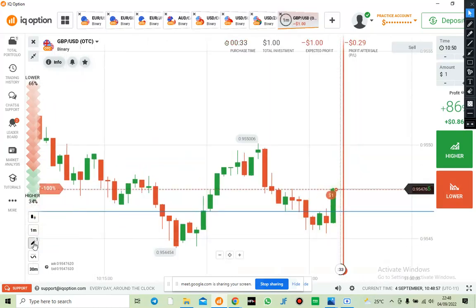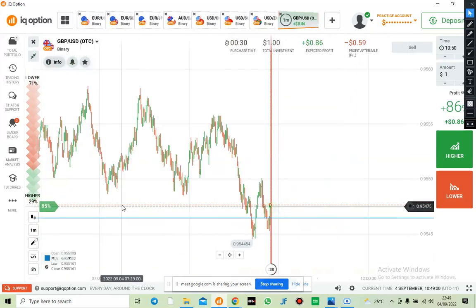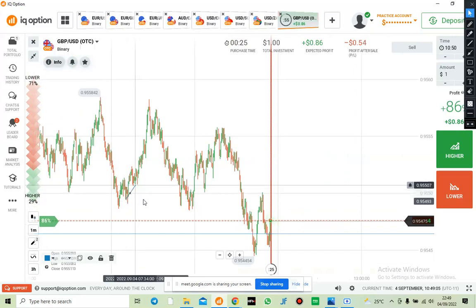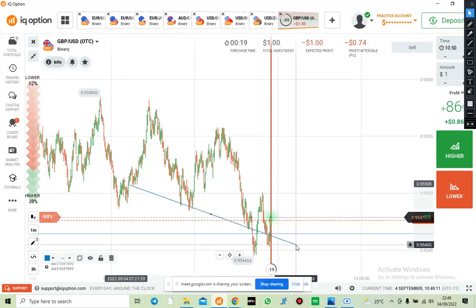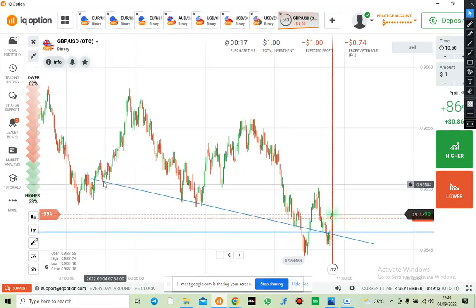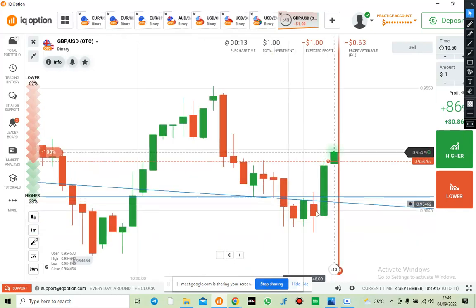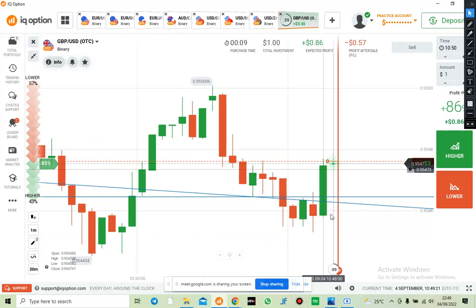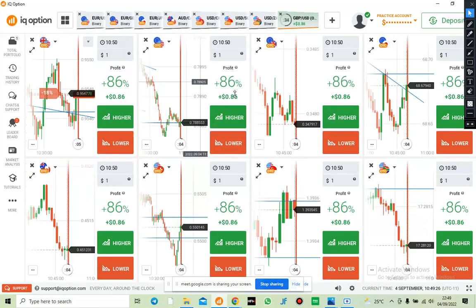I expect this candle to be red because sometimes if I draw a trend line, something like this, okay, connecting this low, definitely the market should go down, but we have this fake candle, so I expect the next candle to be red.